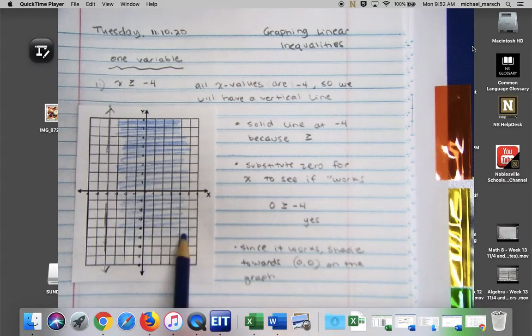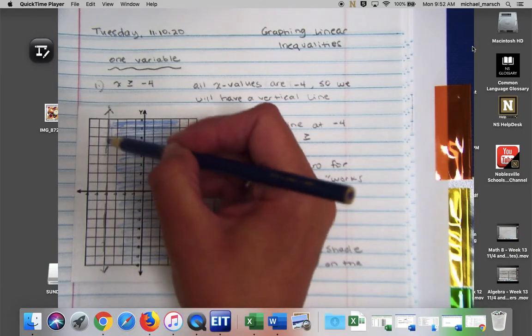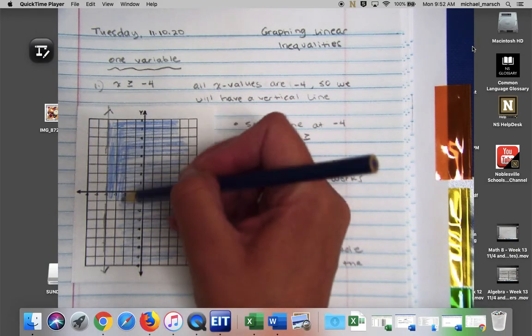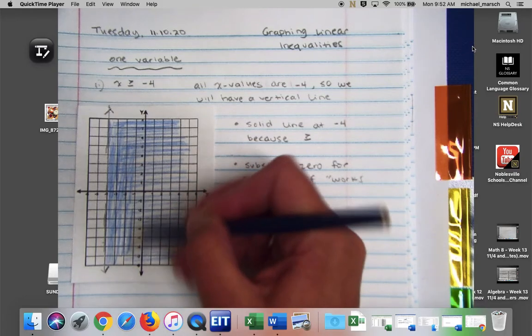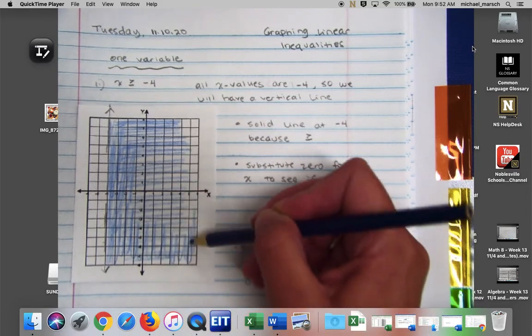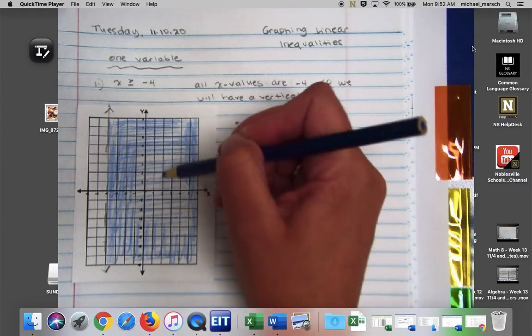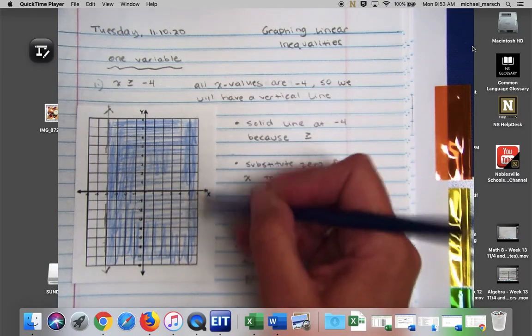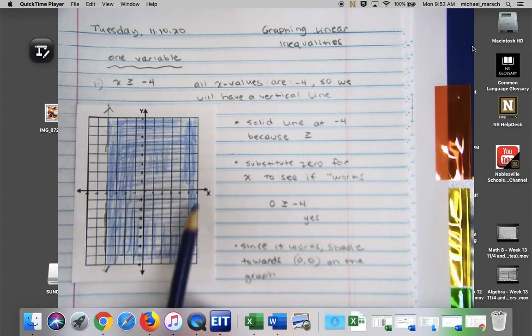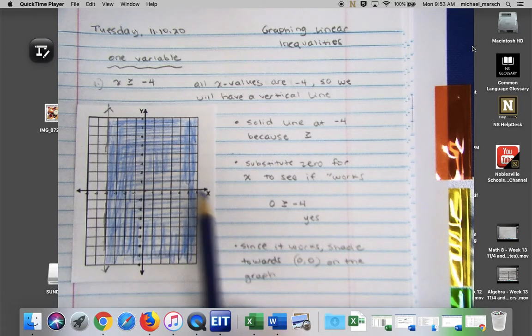So it makes sense, right? If x just has to be greater than or equal to -4, any x value in this shaded area is going to work. And we proved that because we just used a very easy number, 0. I could have used any number, honestly, to the right of this. I just think 0 is the easiest one to focus on. I could have used -2, I could have used -3, I could have used 3.